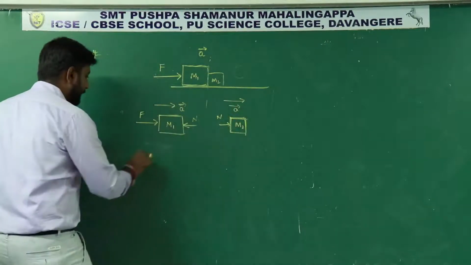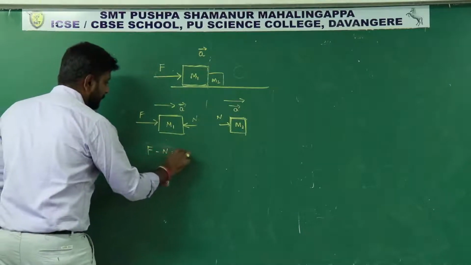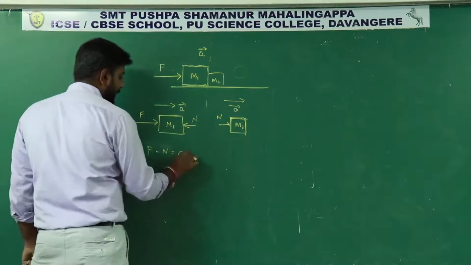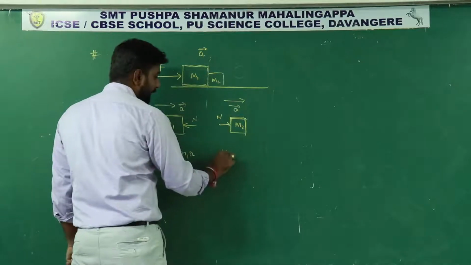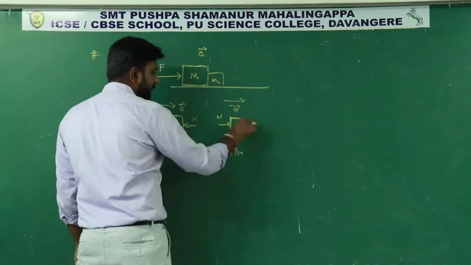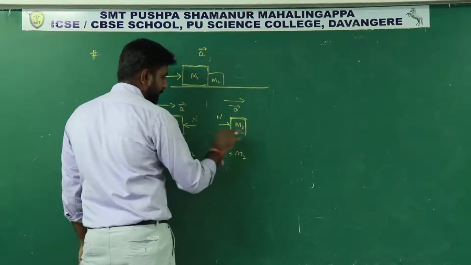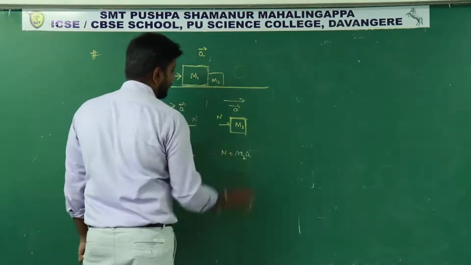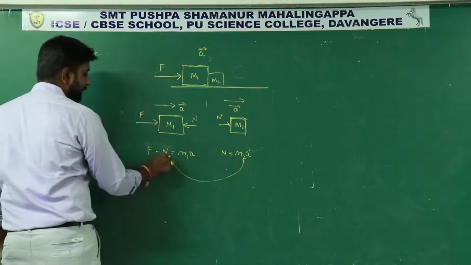Now you write the equation F minus N equals m1a. Why? Because it is moving in this direction, this is greater, this is lesser. And here N equals m2a, because in this direction no other force is there, hence only the normal force is producing acceleration in the second block. Place this value here.